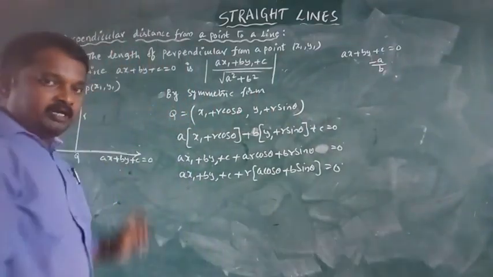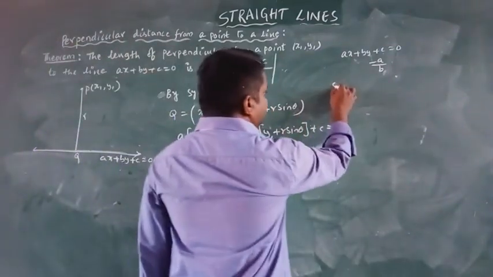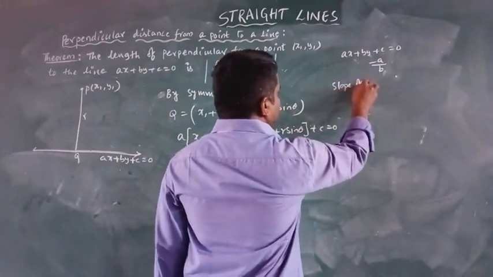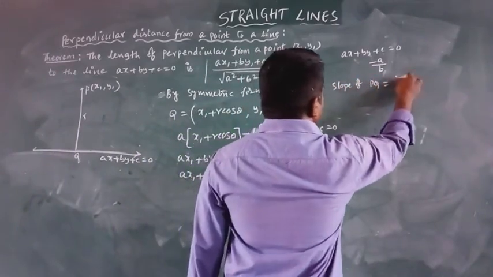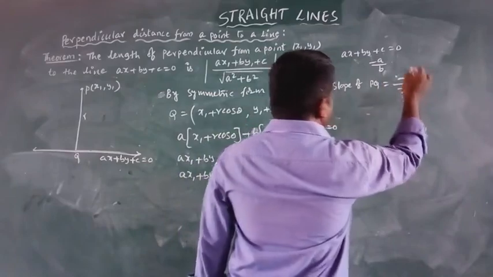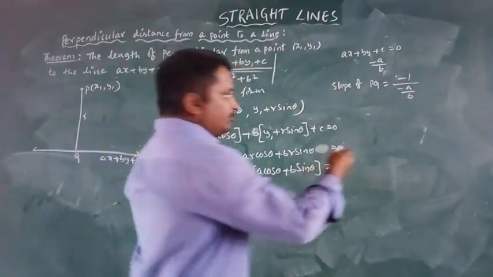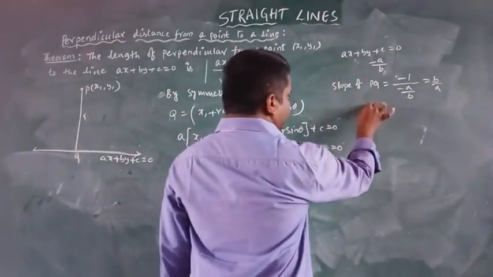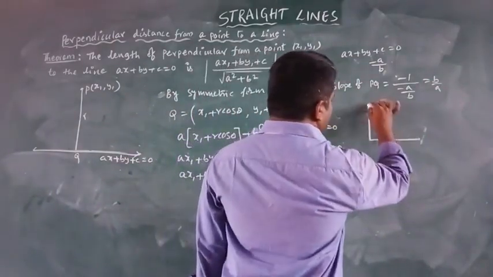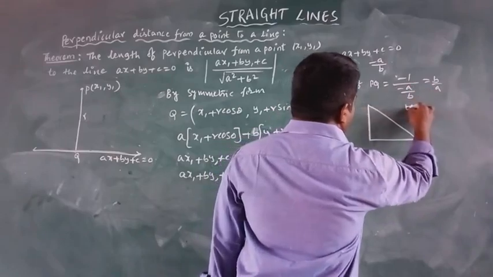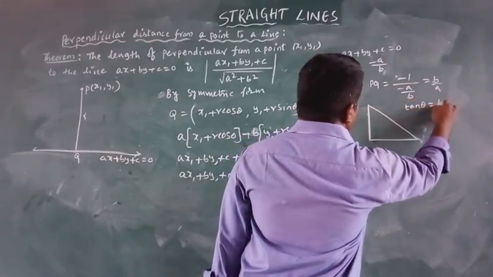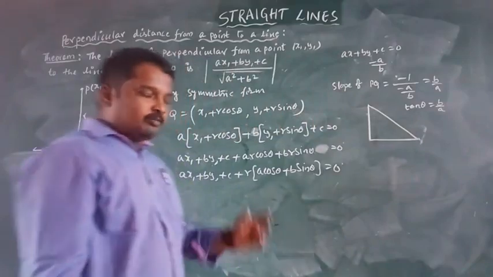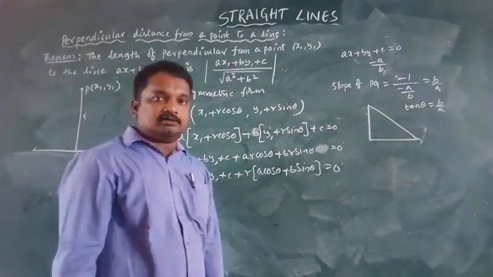But PQ is perpendicular to that one, so the slope of PQ equals minus 1 by minus a by b. That means b by a. So the slope of the line is b by a, and slope we can write as tan theta. So tan theta equals b by a. From that we may get cos theta and sin theta.